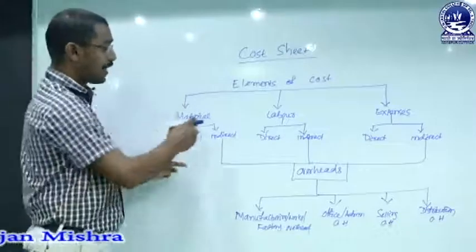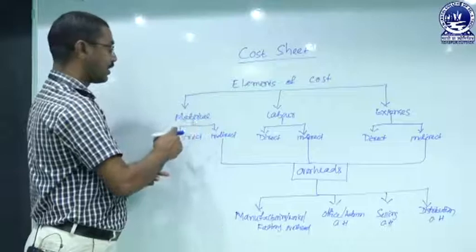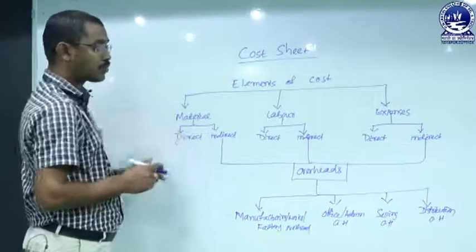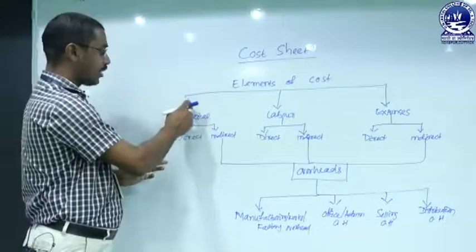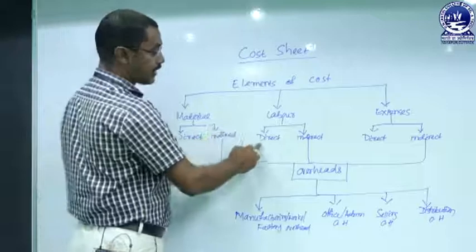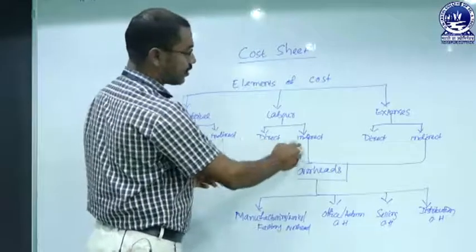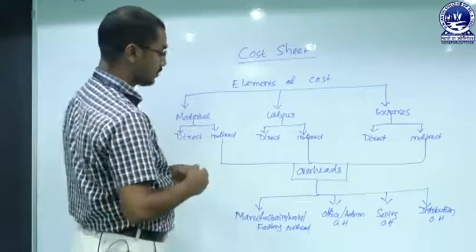Relating to material, labor and expenses, every head is divided into two parts: direct and indirect. Under material, there is direct material and indirect material; under labor, direct labor and indirect labor; and under expenses, direct expenses and indirect expenses.